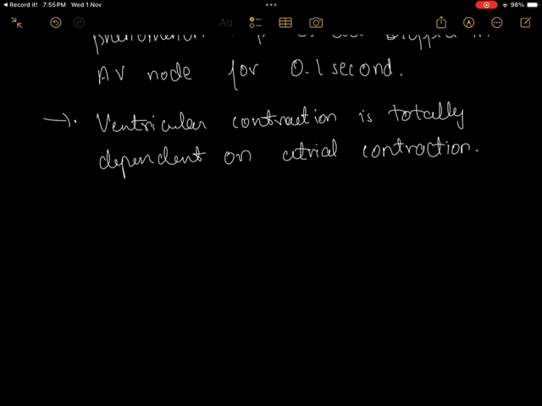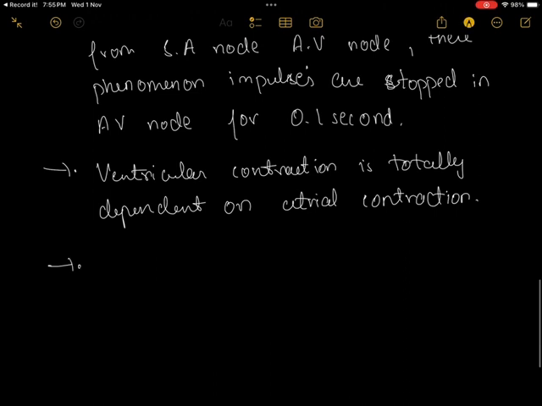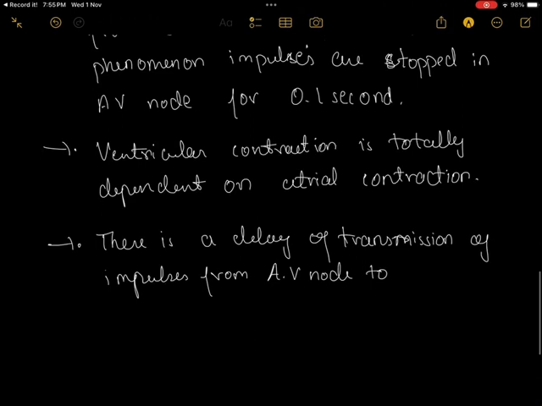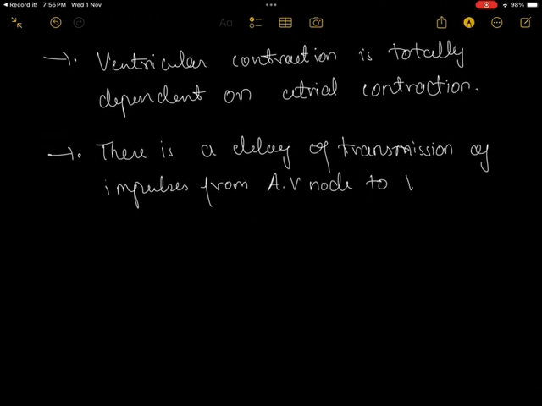So what happens is, as I have said, there is a delay of transmission of impulses from the AV node to the ventricles for a period of 0.1 second.